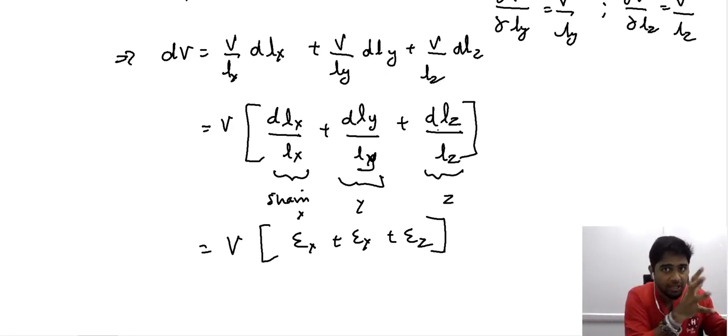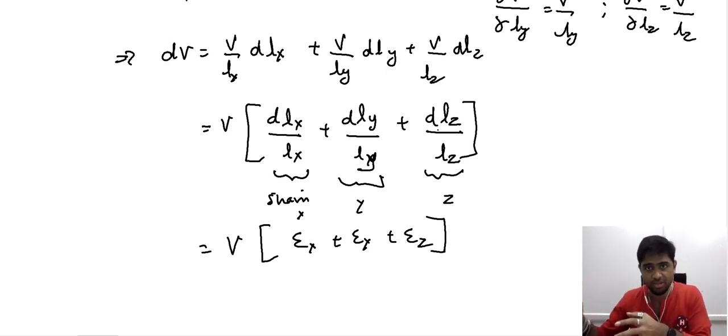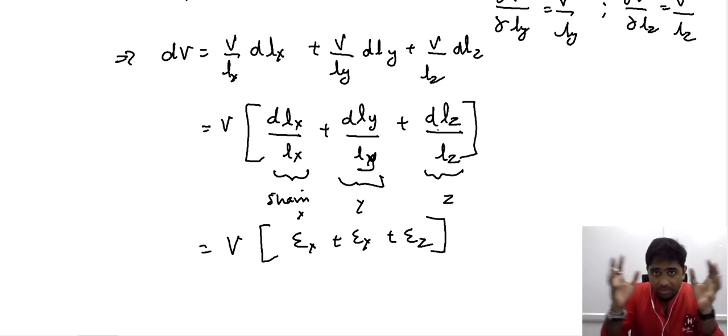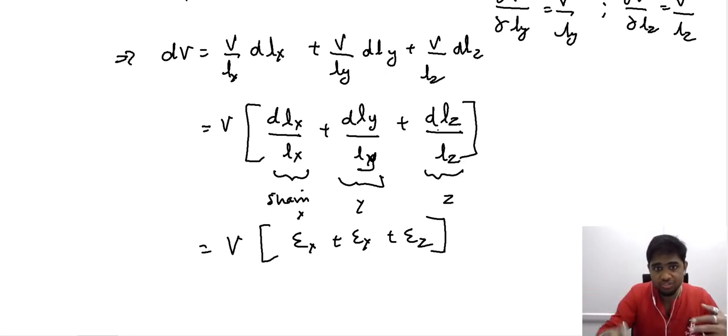And when you take out the common term, you end up observing that the overall volume change is the sum of the strains that you observe in the specific directions. As you can see, these are overall strains. They do not have two subscripts. These are the overall strain along the x-axis, overall strain along the y-axis, and overall resulting strain along the z-axis.